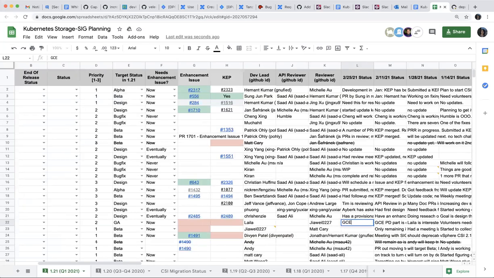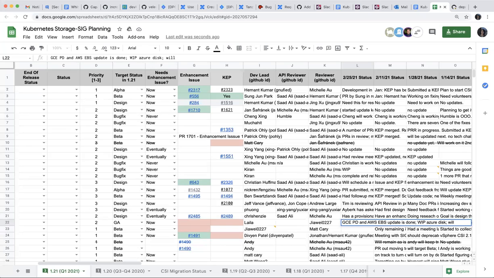And I saw Leila has a PR for updating the Azure Disk. So I think on that front, we're looking good. I don't see Cinder updated, and I will ping Yang to maybe update that.